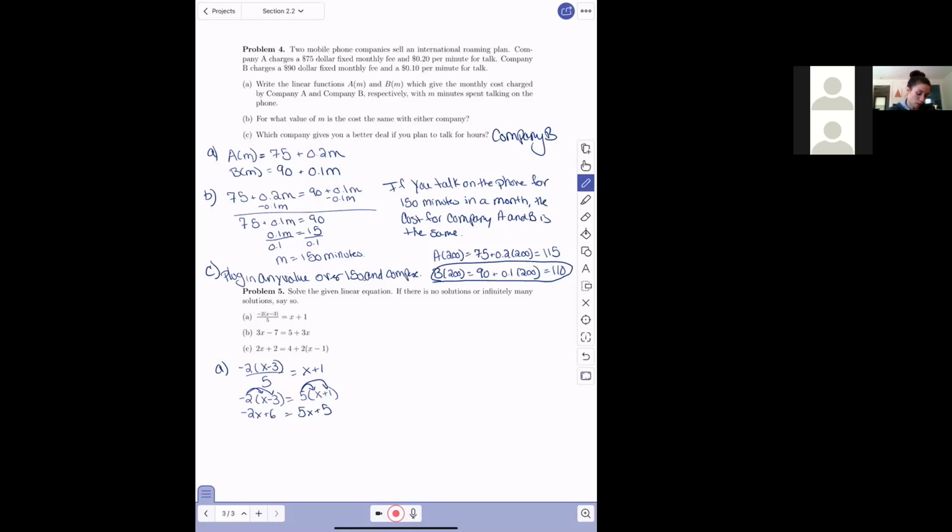I'll add 2x to the right-hand side, so we have 6 equals 7x plus 5. Then I'll subtract 5 from both sides. 6 minus 5 is 1 equals 7x. Divide both sides by 7, and we end up with x equals 1/7.